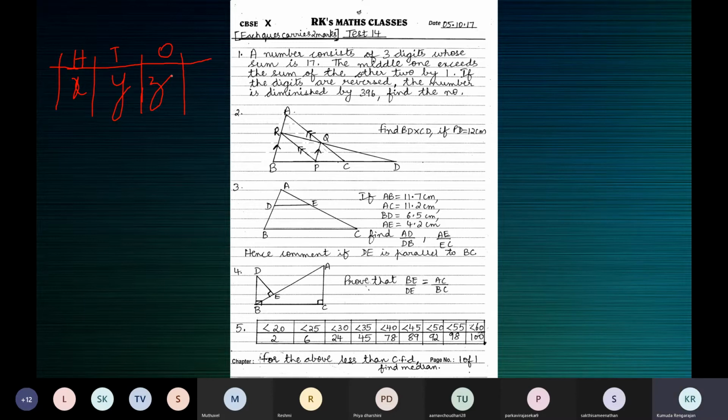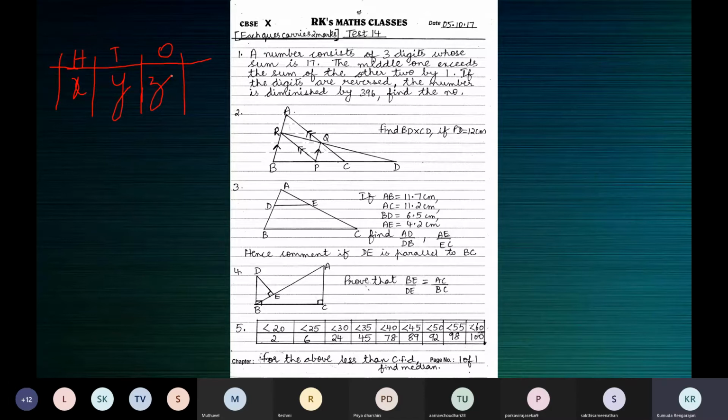Now, what is the first thing? The number consists of 3 digits. So let the digit in the hundreds place be X, the digit in the tens place be Y, and the digit in the ones place be Z.